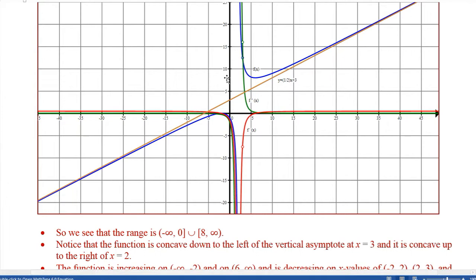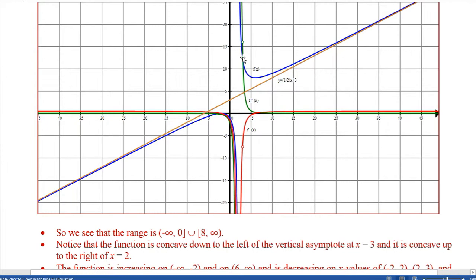Notice that the derivative is positive up here, up till -2, I should have said, and that means the original function is increasing up till -2. And then between -2 and the vertical asymptote at +2, the derivative is negative. That means the original function is decreasing. Then this little piece right here, the derivative is still negative, so the original function is decreasing.